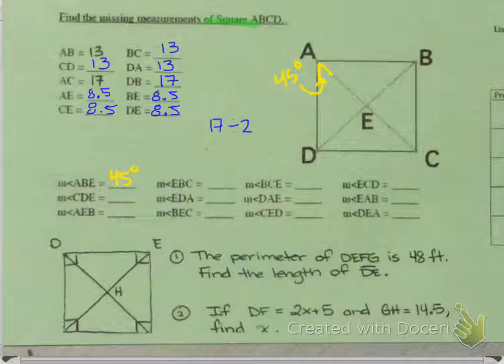EBC, that's 45. BCE, 45. ECD, that's 45 also. CDE, 45. EDA is 45. DAE, that's 45. EAB.